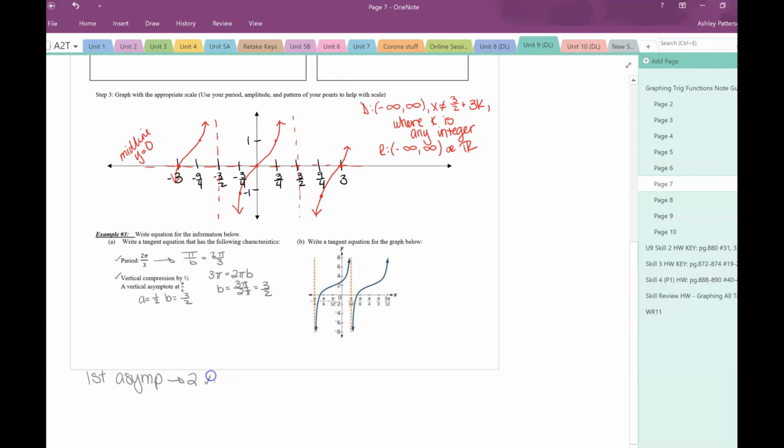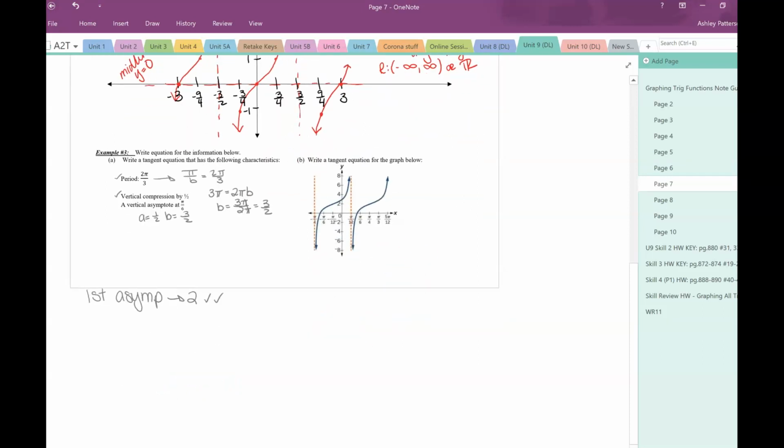is 2 tick marks. Okay, so if our period is 2 pi over 3, and I were to go 4 tick marks, here's 2 pi over 3. Cut that in half, you get pi over 3. Cut that in half, you get pi over 6.